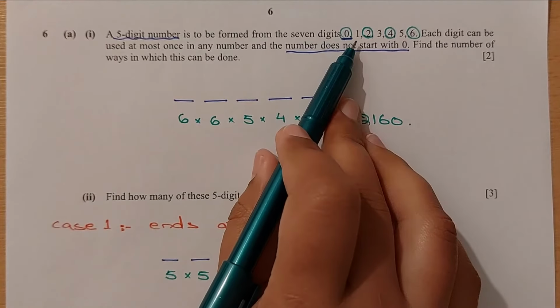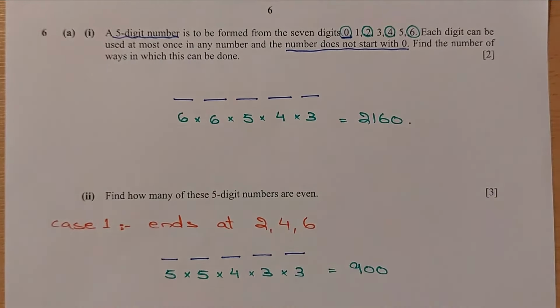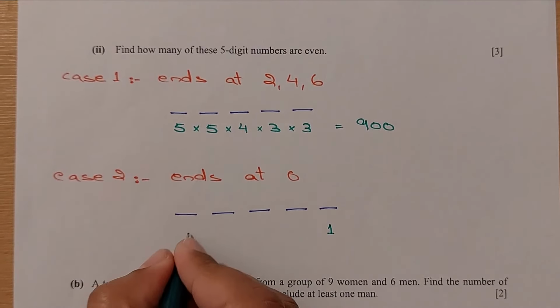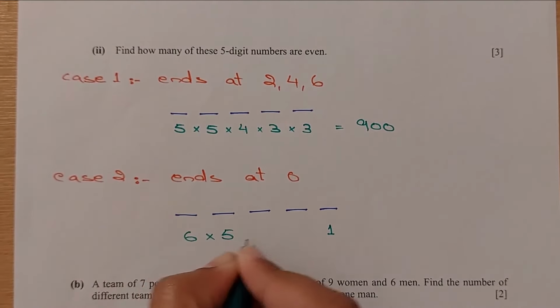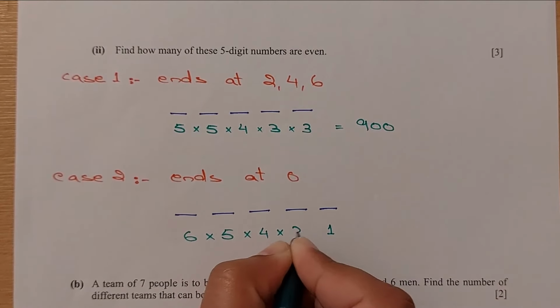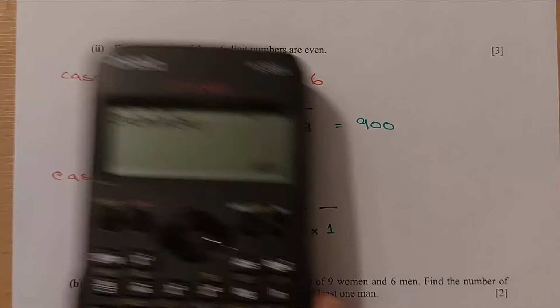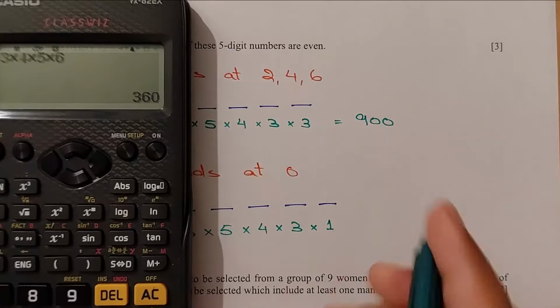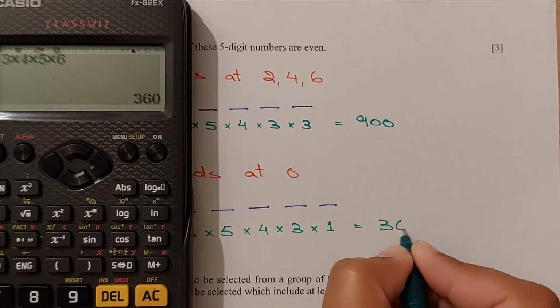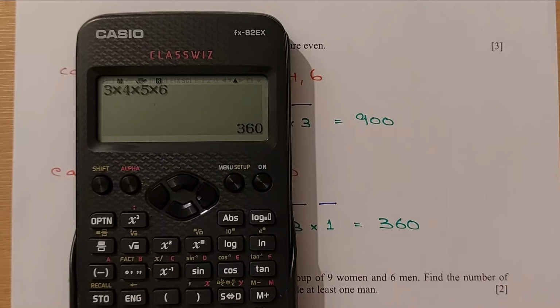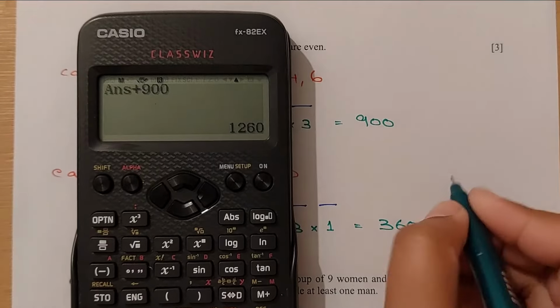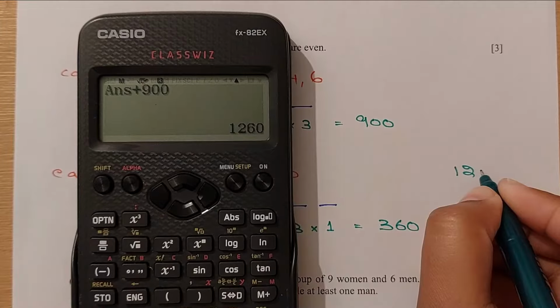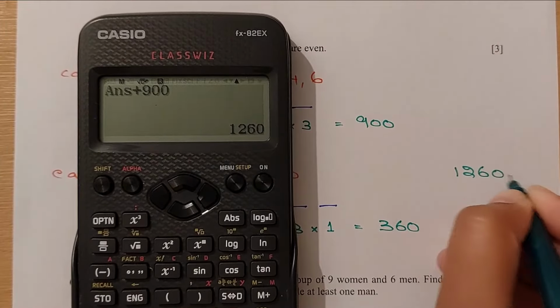And for the first digit, we have 6 options, and then 5, 4, and 3. So we have 3, 4, 5, 6. That is 360. So the total number of ways is 360 plus 900, that is 1260.